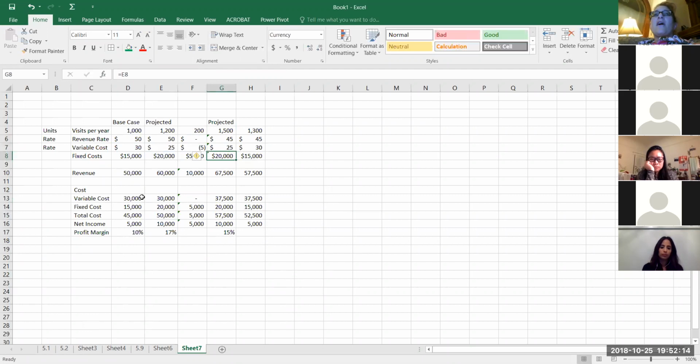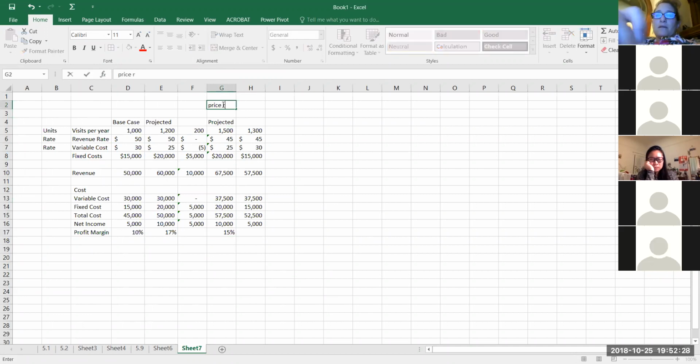So it's kind of like compounding it, I guess. So in this scenario, you can see we're making 15% by price reduction. So essentially, this is a price reduction. That's what that scenario is, price reduction. This scenario is marketing, marketing investment, right?